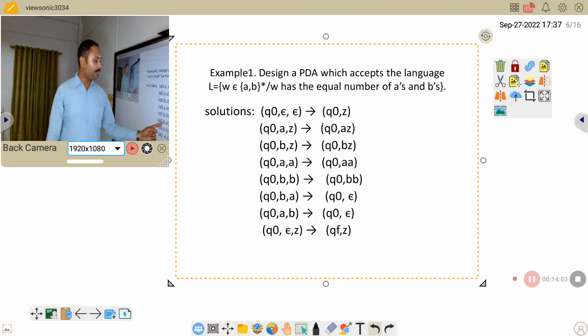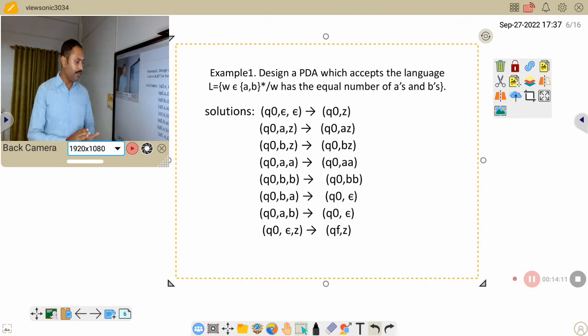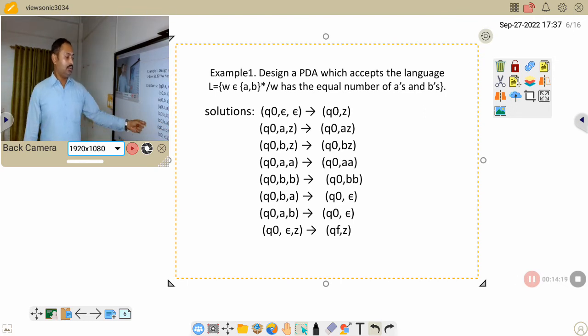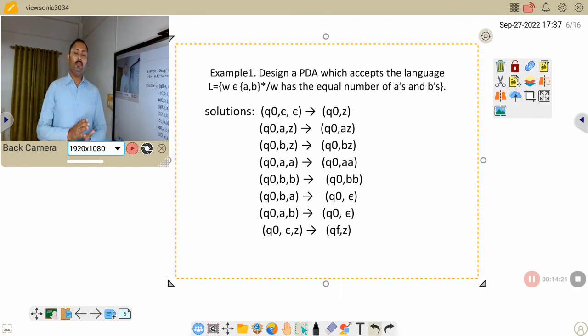So here the input symbol is B and the top of the stack is A. Now what will happen? We just delete A corresponding to B. That is why it will be null. So if we get A after B, then we have to remove these two symbols.